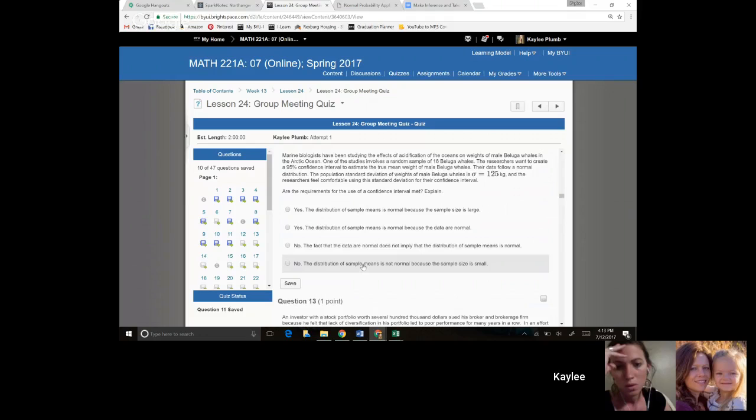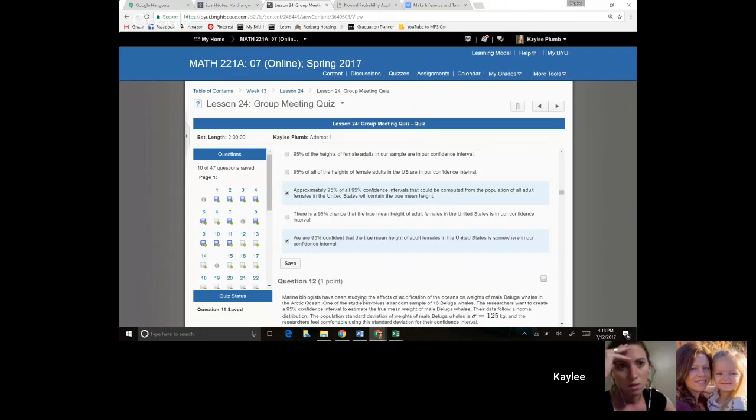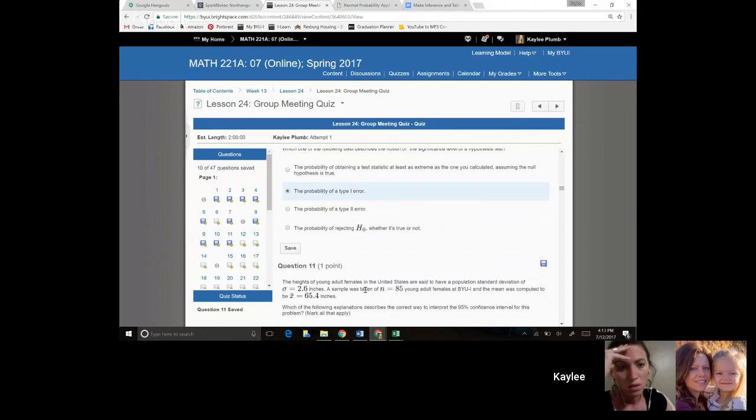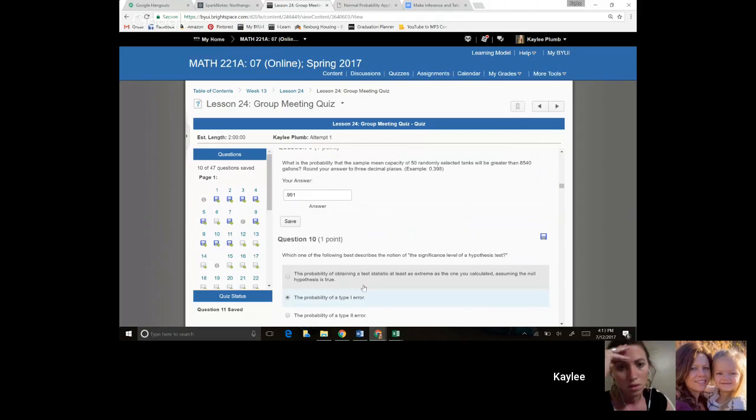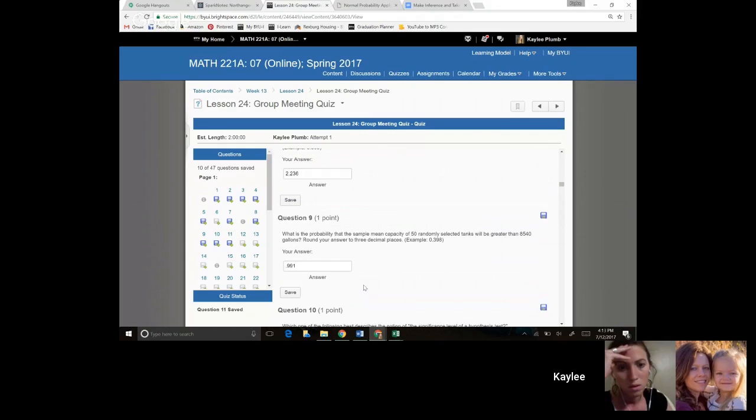And then I still need to put that in the applet? Yeah, so then you take your z-score and put it in the applet and highlight everything to the right of it. And so is it 0.991? Yep. Cool.